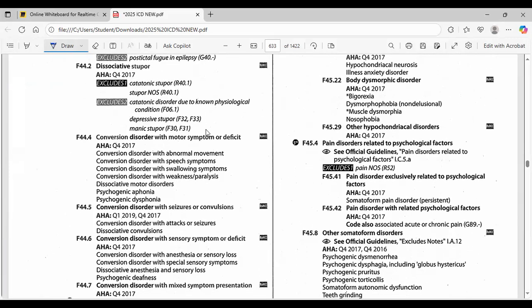Here we go. Here we have two codes, F45.41 and F45.42. Just go through the codes and let me know what difference you are able to identify with the description of these codes, F45.41 and F45.42.